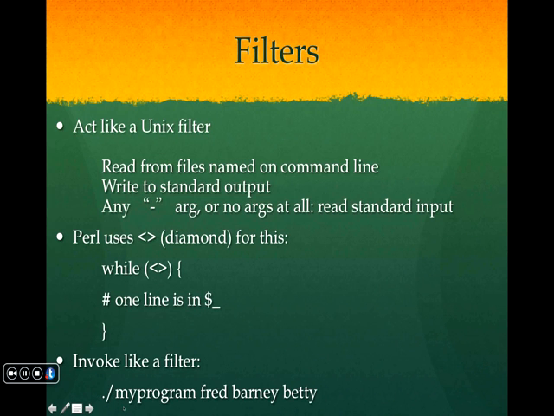Even if I took off Barney and instead added a dash, this will be considered the standard input, which is the keyboard. So my program will read the first file Fred, then wait for the keyboard entry. I will enter a couple of lines maybe. Then when I'm done, I close the input with Control D, and then we'll go and read Betty and finish the reading in this way.